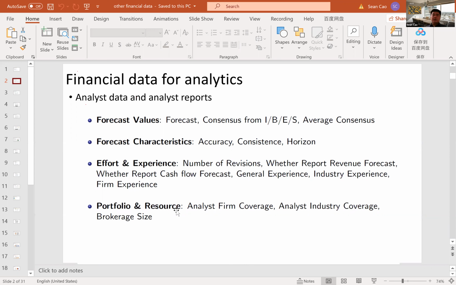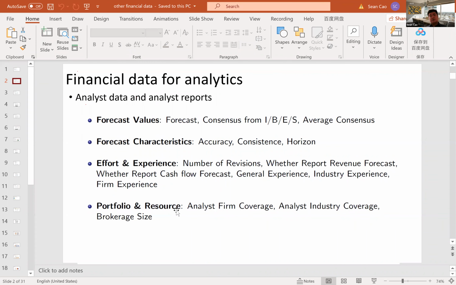If you know who you can trust, then you can definitely know better about the future performance of Google. So this is the structure of the data, and you can use the data to do a lot of things. You can use the data to understand the firm. You can use the data to understand the analyst. You can use the data to predict the future firm performance.